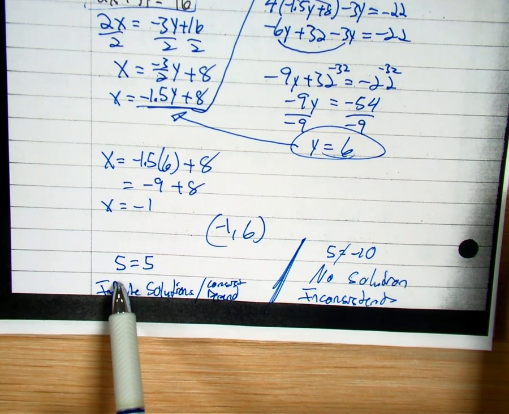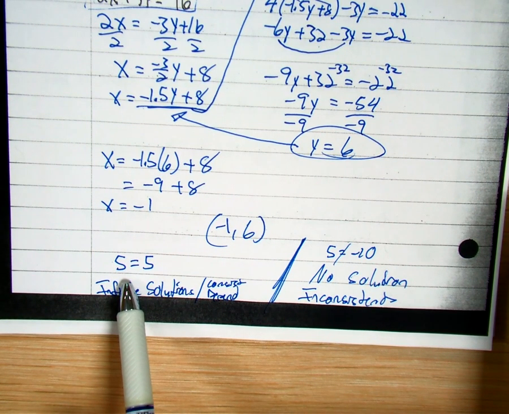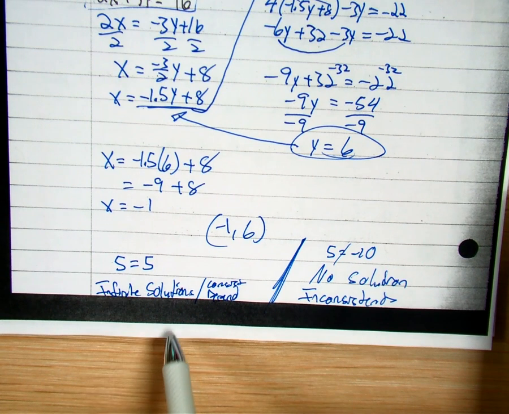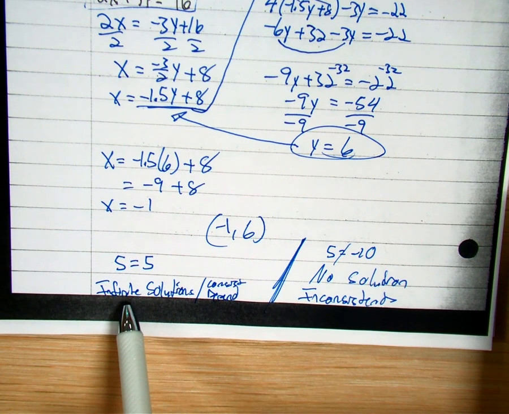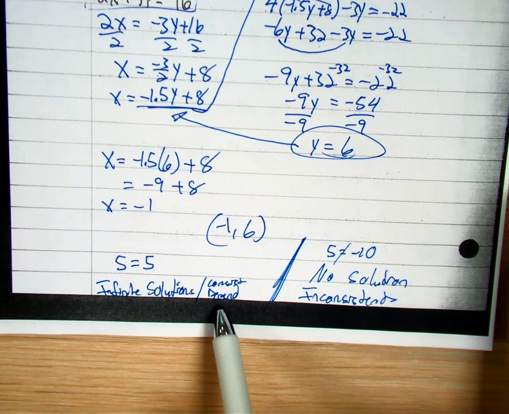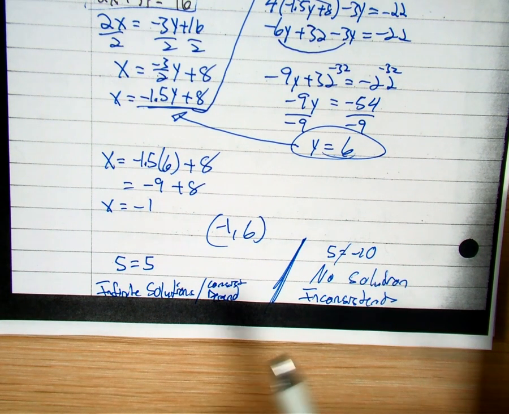we'll have that here. All right, if everything cancels out and we get like 5 equals 5, something that's a true statement, 10 equals 10, 0 equals 0, that would mean that you have infinite solutions possible, or it's consistent and dependent.